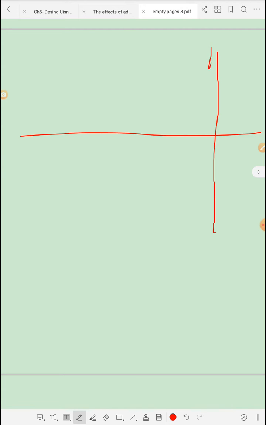This is the imaginary axis and this is the real axis, and we will assume that the system is stable. This means that all of the roots are in the left half of the S-plane.